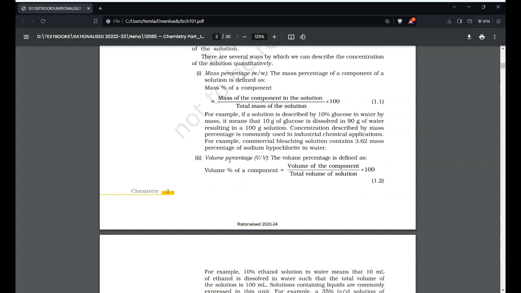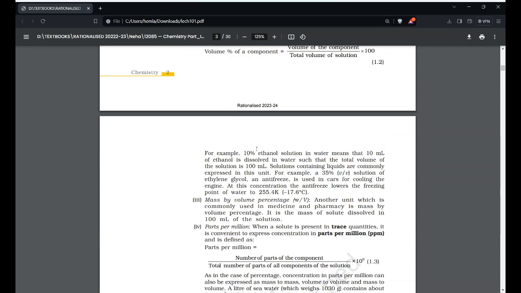Volume percentage, volume upon volume. The volume percentage is volume of component upon total volume of solution. That was mass and this is volume, into 100 for the percentage. For example, 10% ethanol solution in water means that 10 ml of ethanol is dissolved in water and the other one is 90 ml, and so the solution is 100 ml.